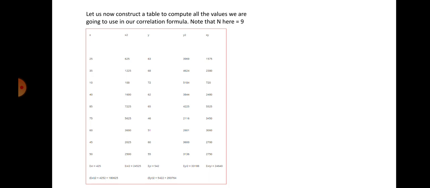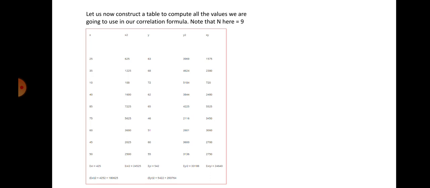Let us now construct a table in which you take the x values that are given. So the x values are 25, 39, and so on; these respective given values you write in the column. Next column is x square, the squares of the x column values. Similarly y, the respective y values are here. Then y square is the fourth column, the squares of the y values.